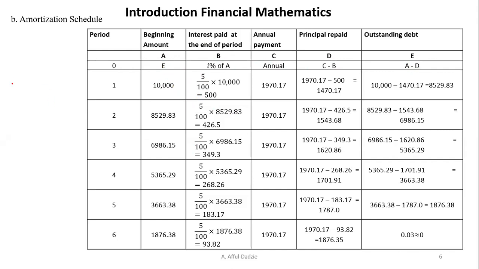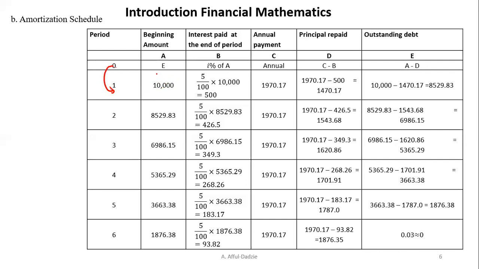Remember when we did the cash flow diagram and segregated these 0, 1, 2: this is the beginning of period 1, this is the end of period 1, this is the beginning of period 2, and this is the end of period 2. So you still have that concept in mind. If I'm at 1, this is the end of period 1, so we've moved from this point to this point. At the end of period 1, my loan is still 10,000.